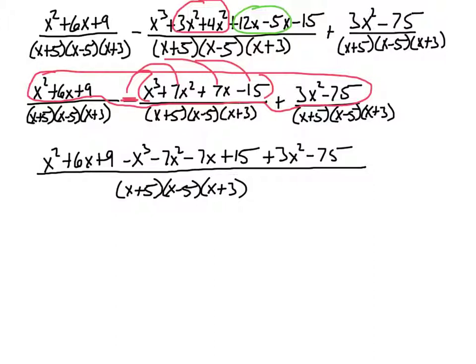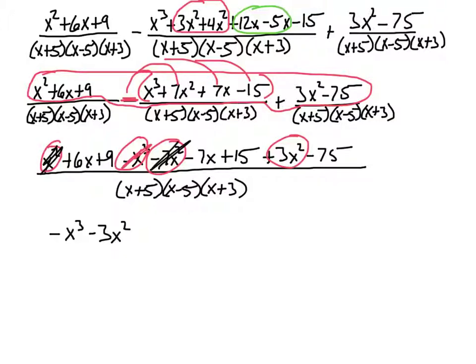Okay, combining some like terms. We're almost done. Light at the end of the tunnel here. We have a negative x cubed. Done with that one. We have x squareds all over the place. X squared here, negative 7x squared there, 3x squared there. So we have negative 3x squared.